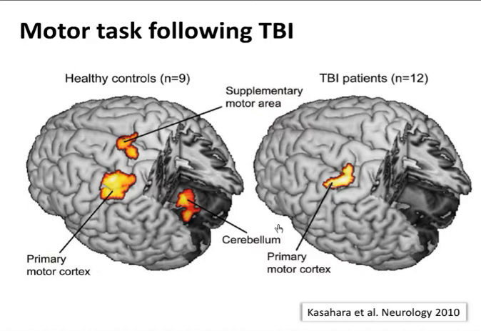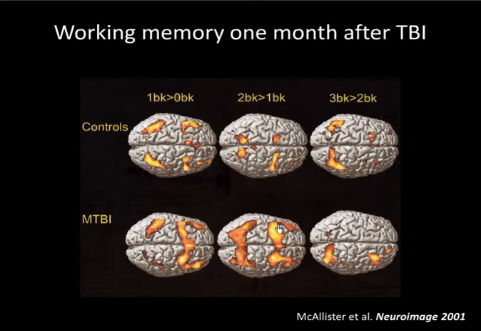And you can see here a healthy control with activation of the primary motor cortex, activation of the premotor cortex, activation of the cerebellum, and here is another paper looking at working memory after TBI, and you can see that when you compare it with controls, there is a loss of efficiency. The amount of cortical resources that need to be recruited to perform a simple memory task in TBI subjects was significantly greater than in controls.